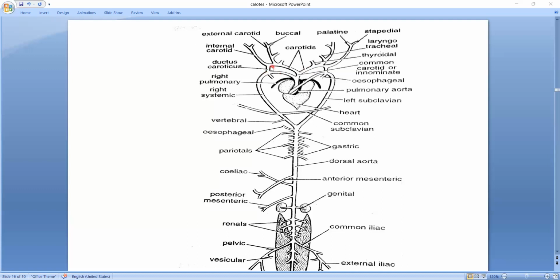So the right internal carotid is connected to the right systemic artery, and in the same way the left internal carotid is connected to the left systemic artery with the ductus caroticus.